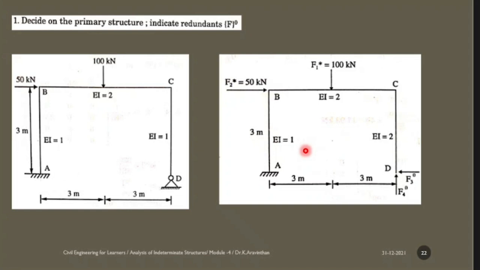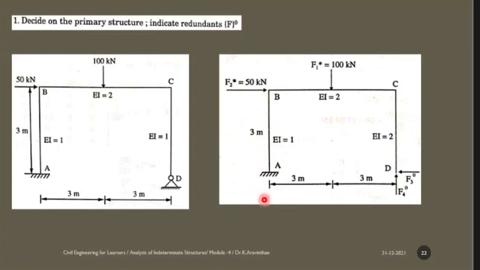If the number of reactions is equal to the number of equilibrium equations, you will get 0, yes or no? You know there are 3 equilibrium equations and your supports will have 3 reactions. So 3 minus 3 will be equal to 0. So if your redundancy is 0, then it is known as the primary structure. So in a definition they can ask what is the primary structure; in the sense, if your redundancy is 0, then it is known as the primary structure.